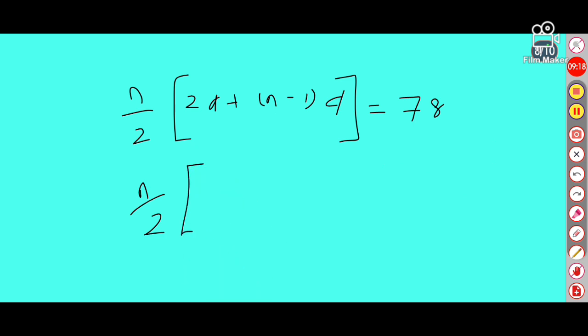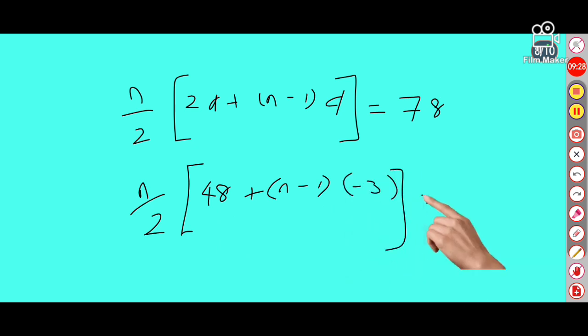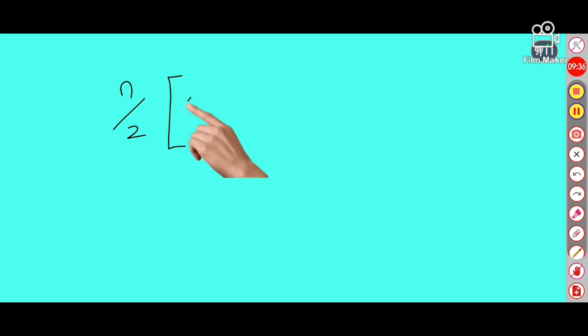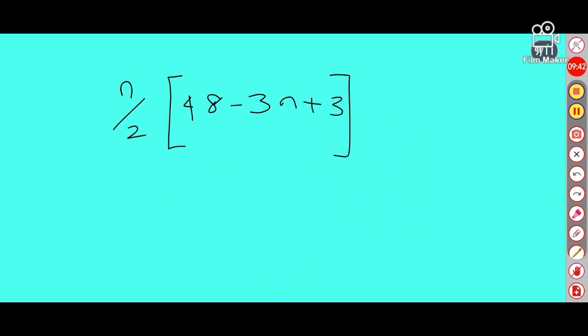So a value is 24, right? So 2 into 24 is 48 plus n minus 1 into d, and the common difference is minus 3, and the sum is 78. So again it goes as n by 2 into 48 minus 3n plus 3 equals 78, right?